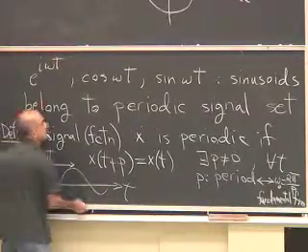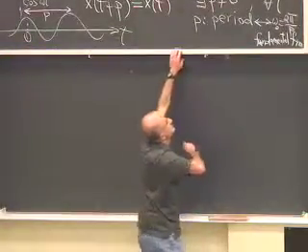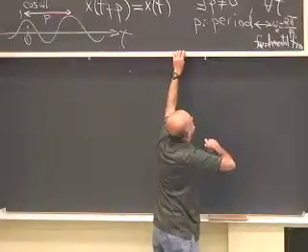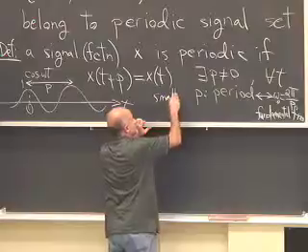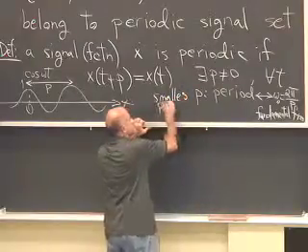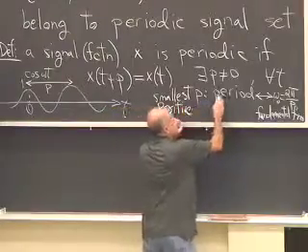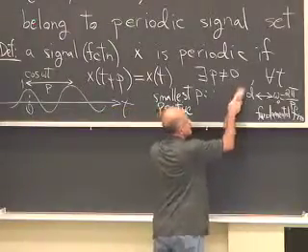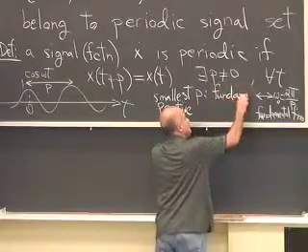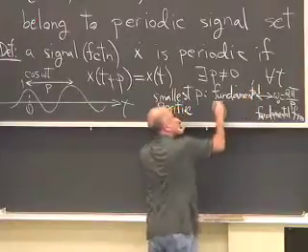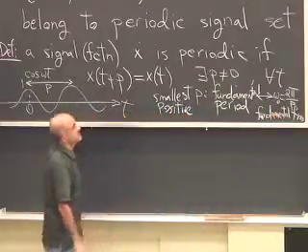The smallest positive P is called the fundamental period. And 2 pi over that is called the fundamental frequency.